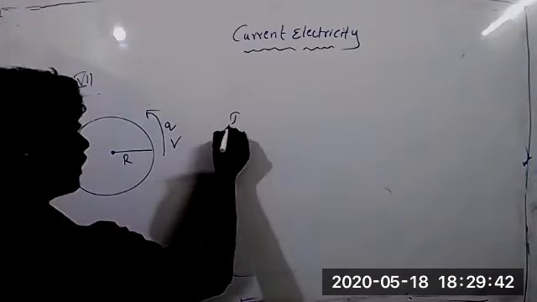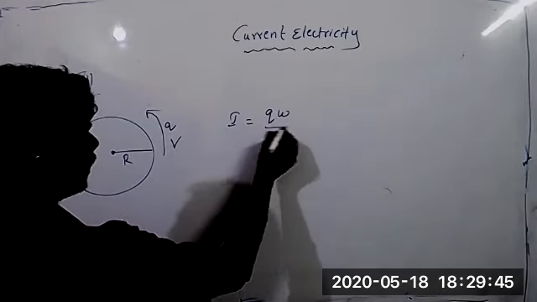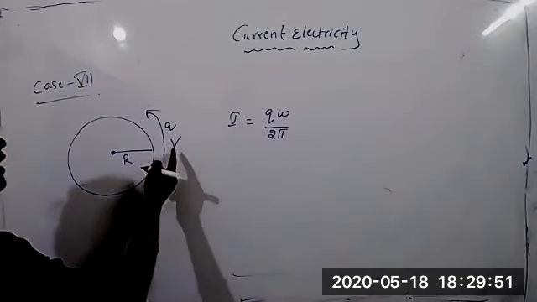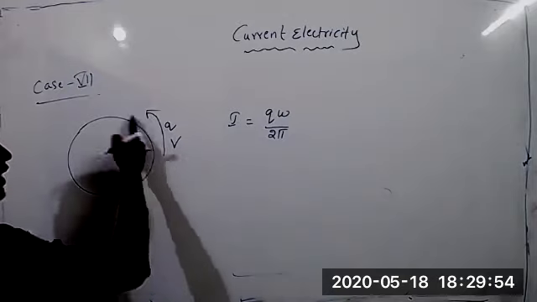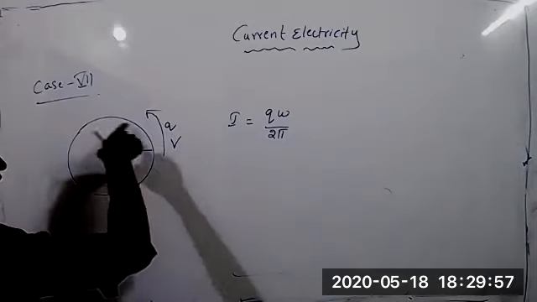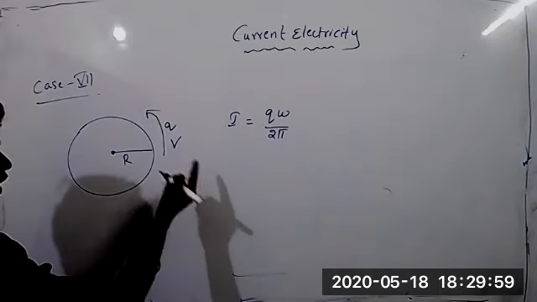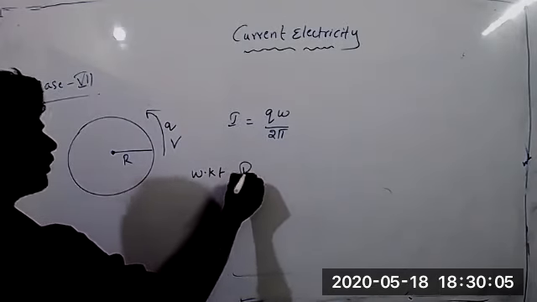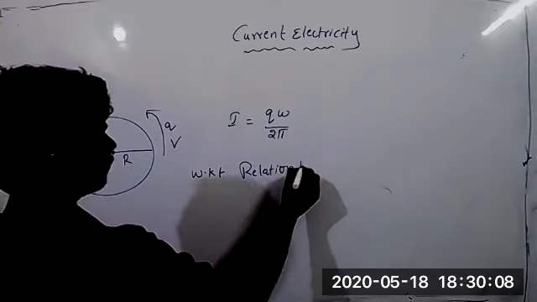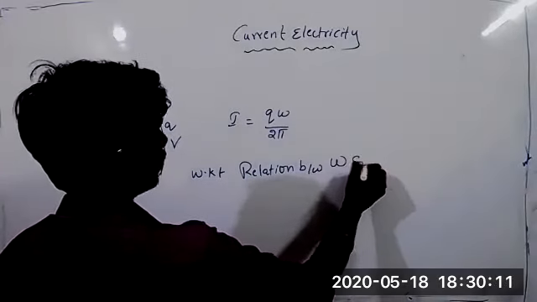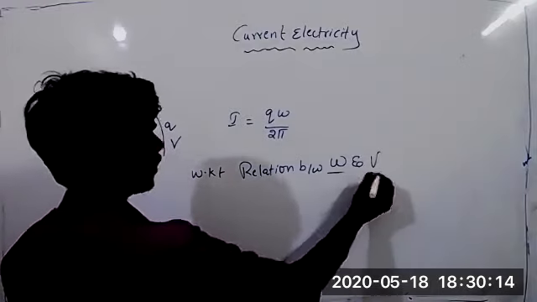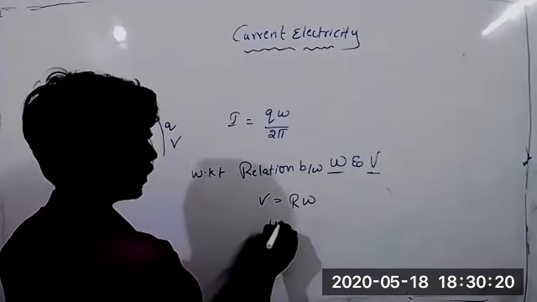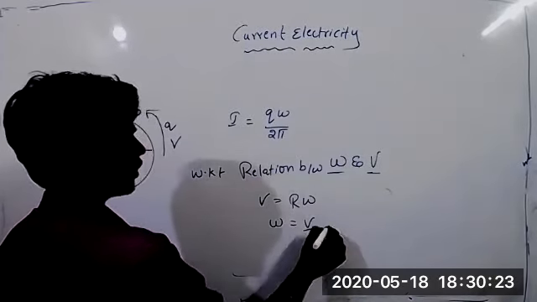Before, the formula we wrote was I is equal to Q omega by 2 pi, right? This is what we got in the previous case. Now they have given linear velocity and the charge is moving around the circular path. We know the relation between omega and v, angular velocity and linear velocity: v is equal to r omega, so omega equals v by r.